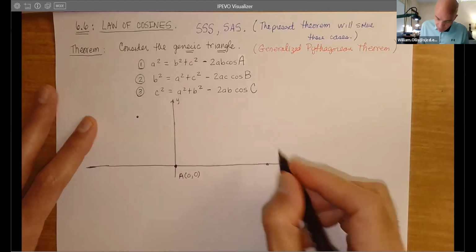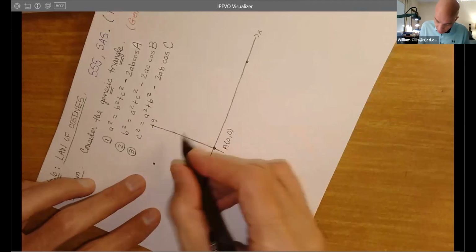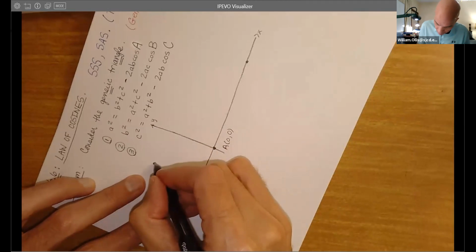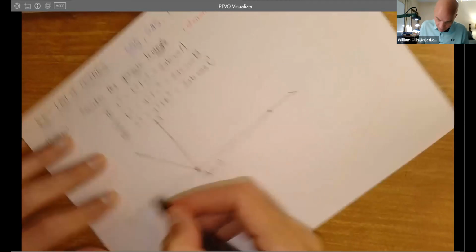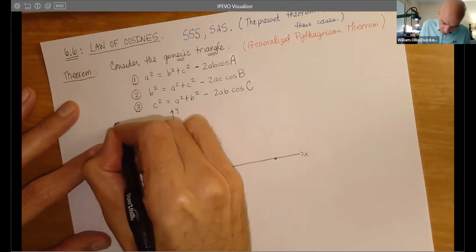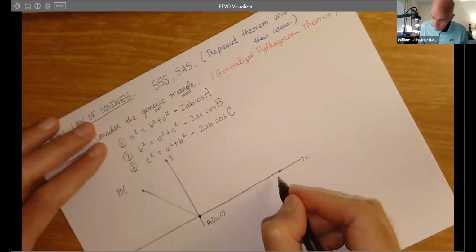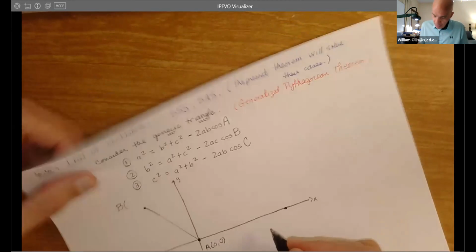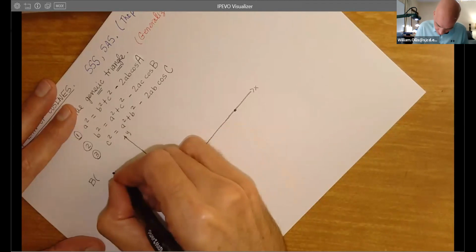So C, well, let me just go ahead and draw these, and then we'll use the generic setup. So B, we'll have to do a little bit of work to figure out those coordinates, but not much. This one will be clearly easy. So let's go ahead and connect these points.